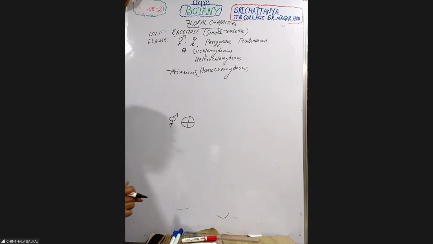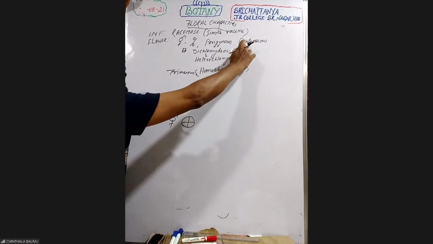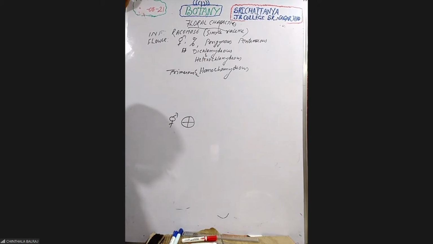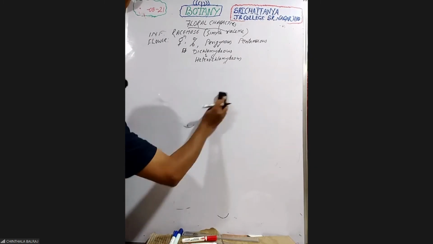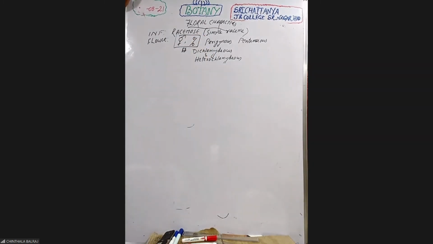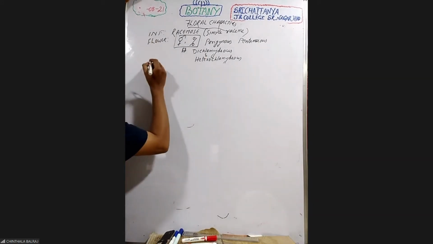Fabaceae and Solanaceae are pentamerous and heterochlamydous. In your NCERT only these two are used, so I consider it diagram based.